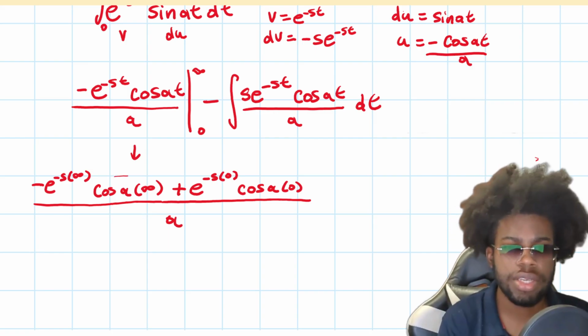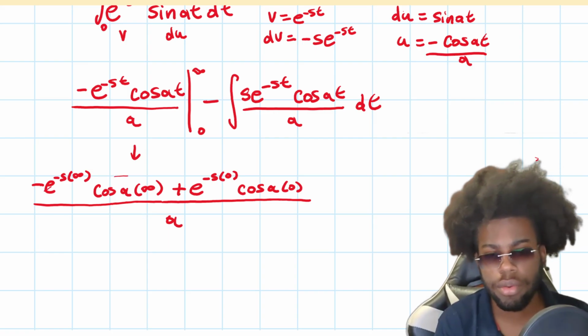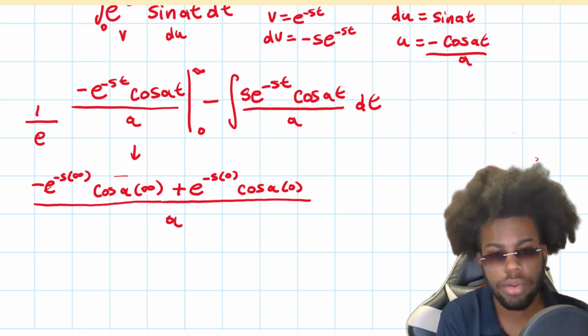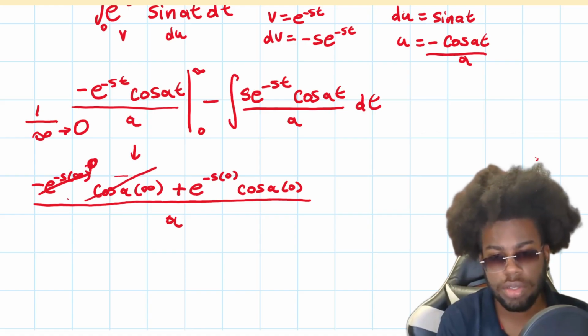E to the minus s infinity is going to go to 1 over e to the s infinity, which tends to infinity, which will give us 1 over infinity, which we know tends to 0. So this term tends to 0, which means all of this side tends to 0, which leaves us with just this.